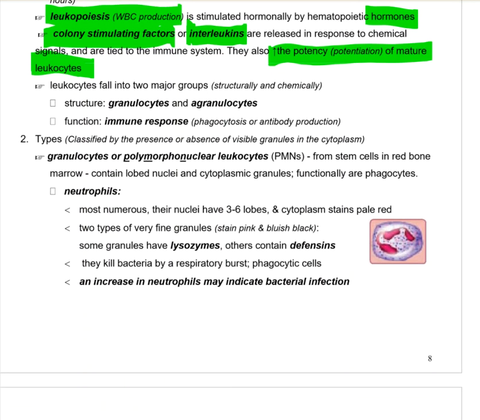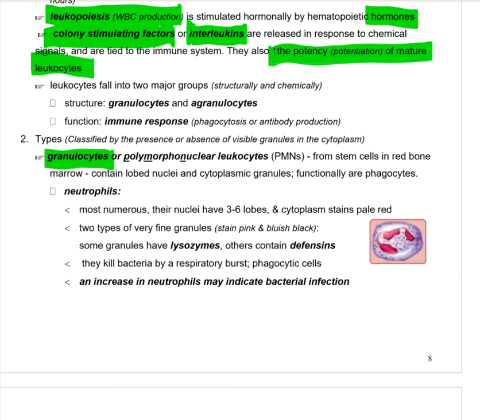So leukocytes fall into two major groups, and these are going to follow very similar to what you're going to be doing in lab this week, looking at some of the different blood cells. We have granulocytes and agranulocytes, and all of them do immune response. The granulocytes, right there, are also called polymorphonuclear leukocytes. Polymorphonuclear. Let's break that word down. Nuclear means nucleus.